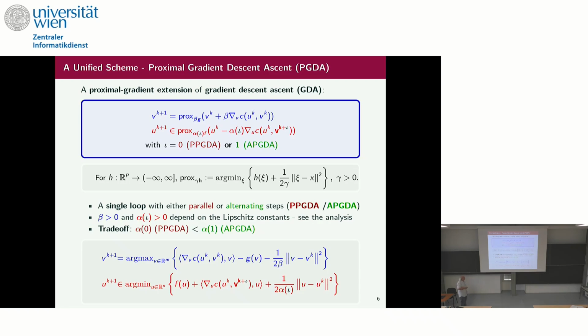We have all the standard conditions for that in the non-convex setting. So this is just an explicit writing of the thing, and that's why this is called the proximal gradient.